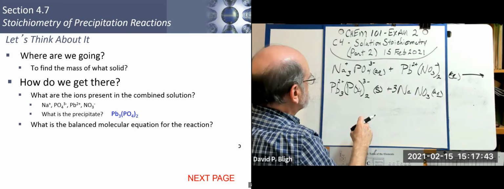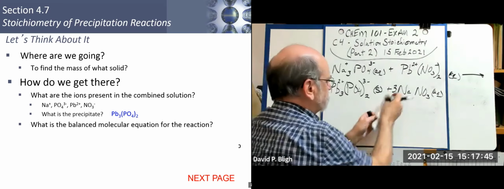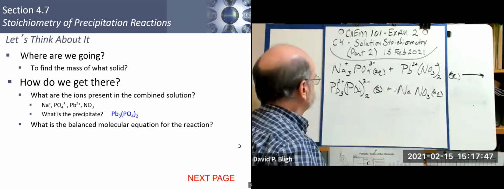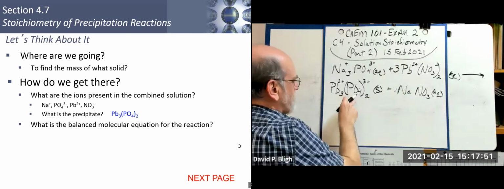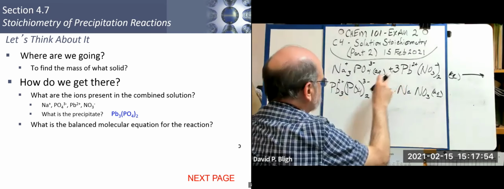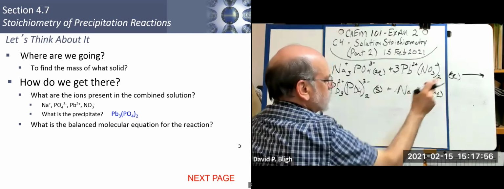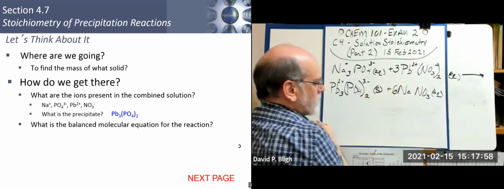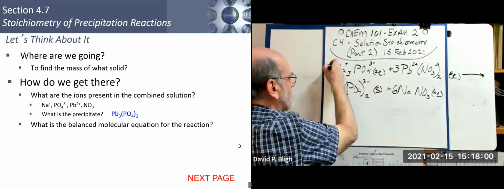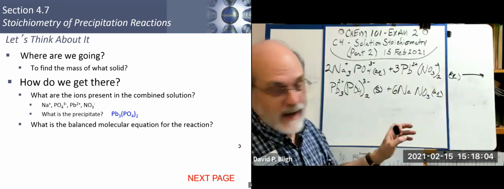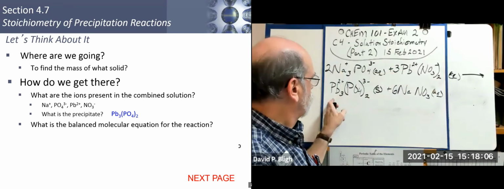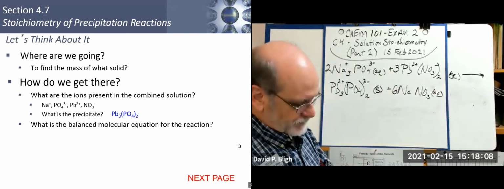Let's do the leads first. 3 leads. Okay. So that gives me 3 leads, 6 nitrates, okay, 6 sodiums, 2 phosphates. Now we're balanced. 2, 3, 1, 6.